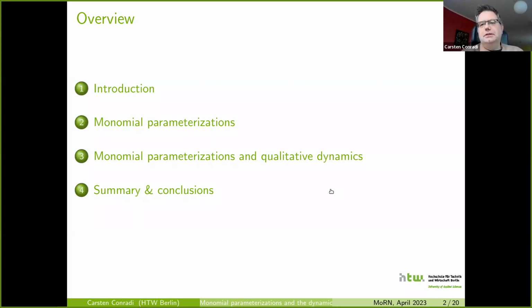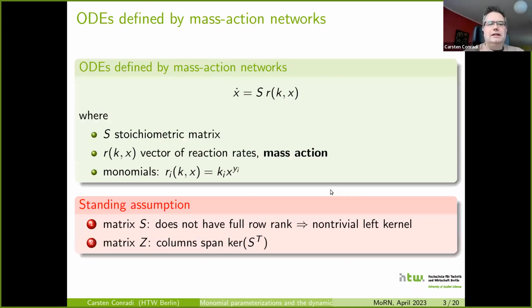I consider throughout this talk ODEs defined by a reaction network with mass action kinetics, and these have a very nice form. They are given in terms of a matrix S, the stoichiometric matrix.